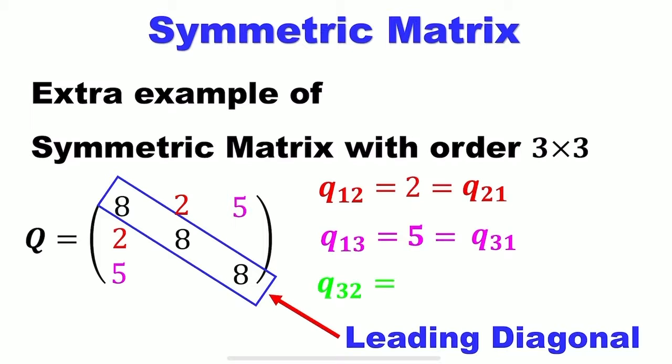Then Q32, the entry at row number 3, column number 2, is equal to 3, and it reflects to the entry at row number 2, column number 3.